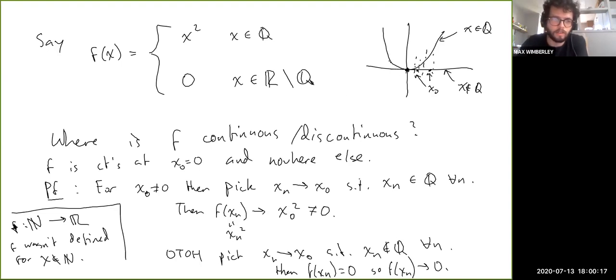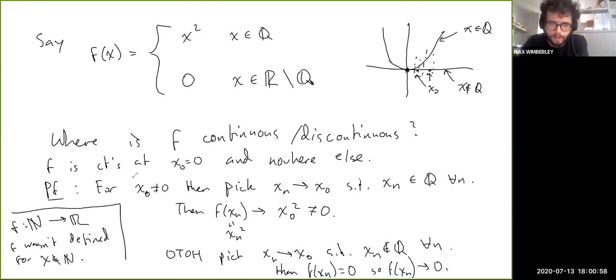So when the domain of f is just the natural numbers, like I said when I was solving the lecture question, the only sequences in the domain of f that converge to a given x naught are those which are eventually constant. That's not the case here, because you can have sequences that approach a given point very slowly, incrementally getting closer and closer, arbitrarily close to whatever point you're looking at.